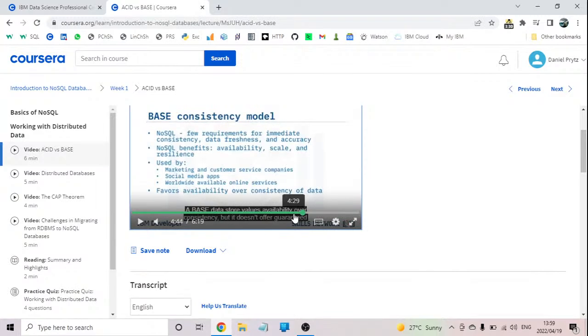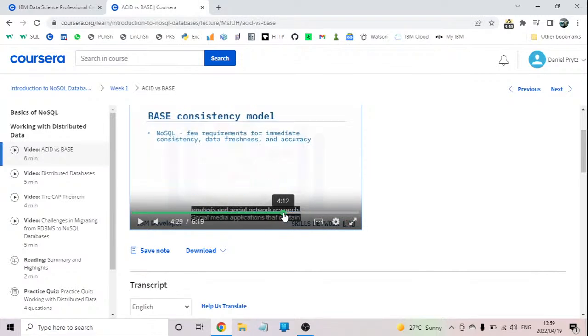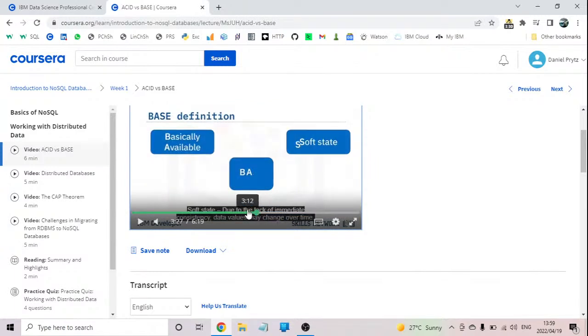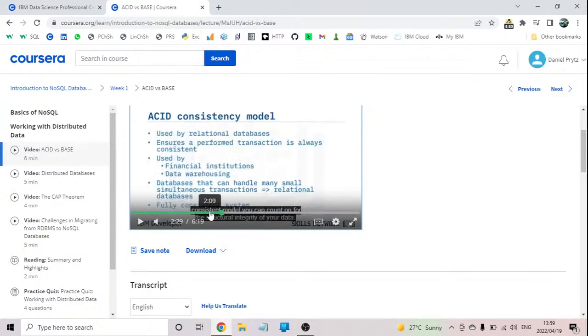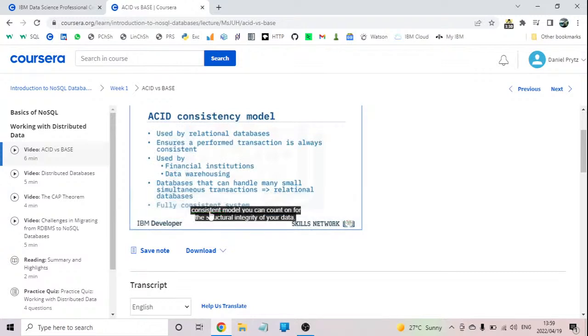Okay, so the BASE consistency model, it's all in one. So the differences are, oh, I totally see now. Okay, I can do that.